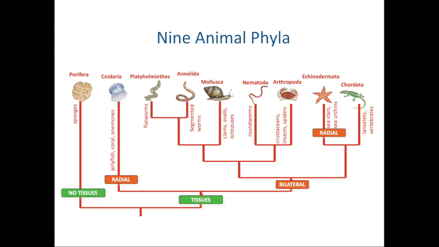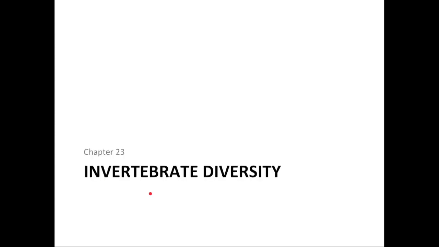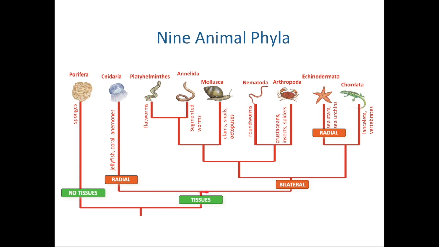Then the ones that had tissues divided out, and some of them had a radial body plan, and some of them had a bilateral body plan. So the symmetry was different there. And then as we come up, we could look through all these. So we have our 9 major phyla: Porifera, Cnidaria, Platyhelminths, Annelida, Mollusca, Nematoda, Arthropoda, Echinodermata, and Chordata.